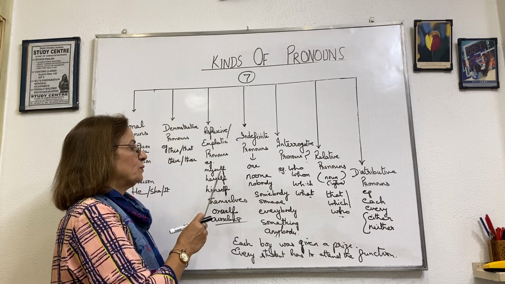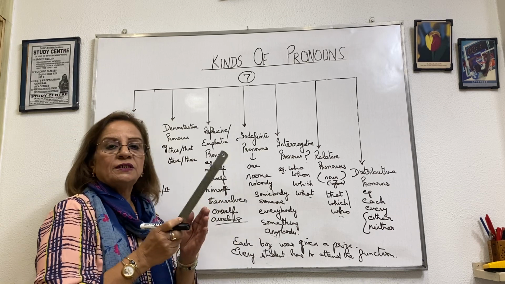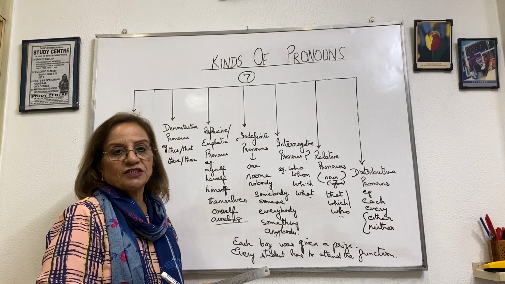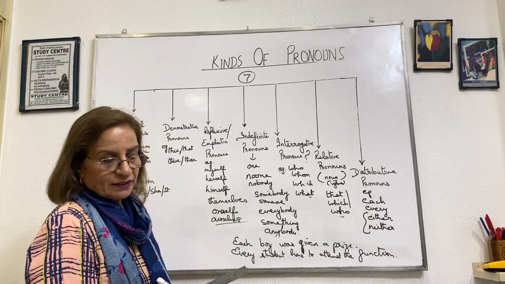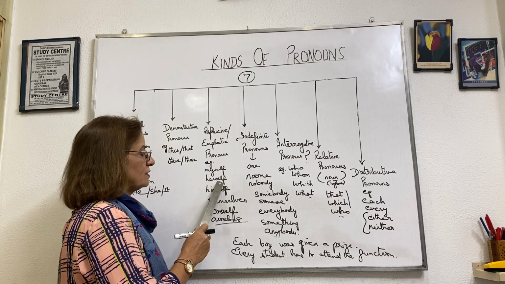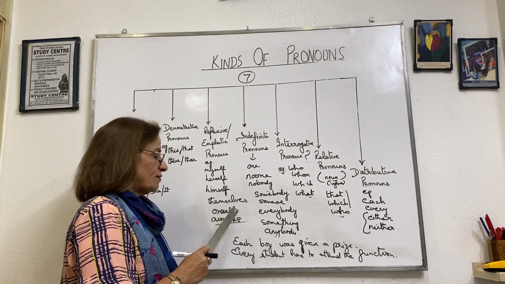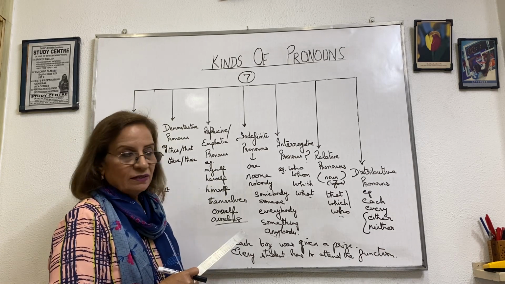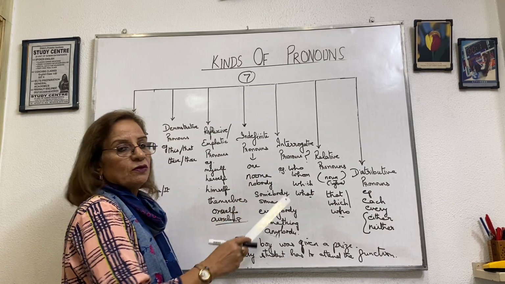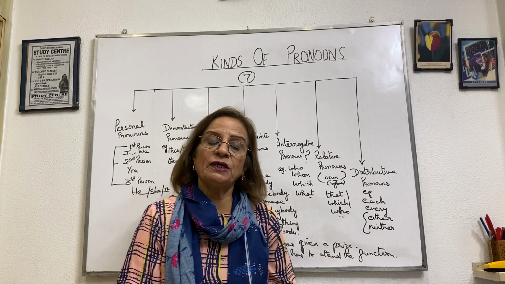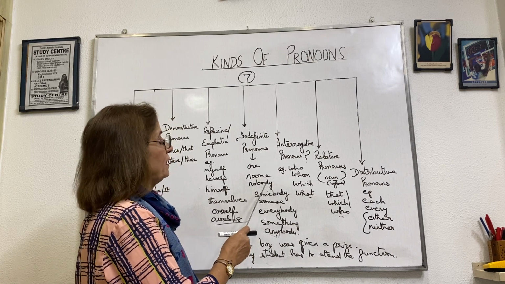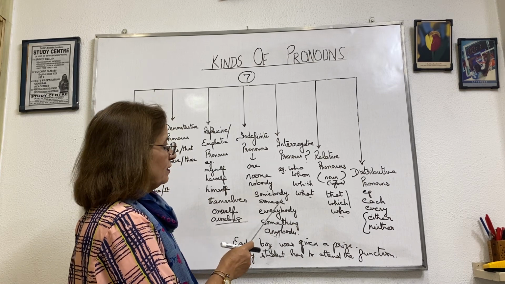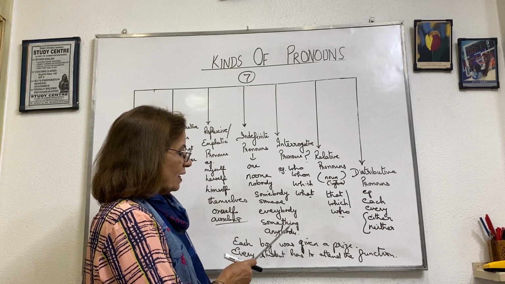Reflexive or emphatic pronouns are those that turn back to the doer of the action itself. It reverts to the subject: myself, herself, himself, themselves, oneself, ourselves. Indefinite pronouns do not tell about anything particular or specific: one, no one, nobody, somebody, someone, everybody, something, anybody.